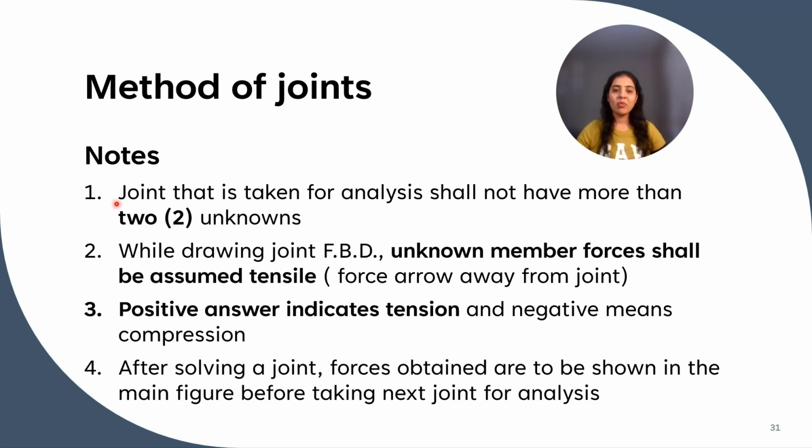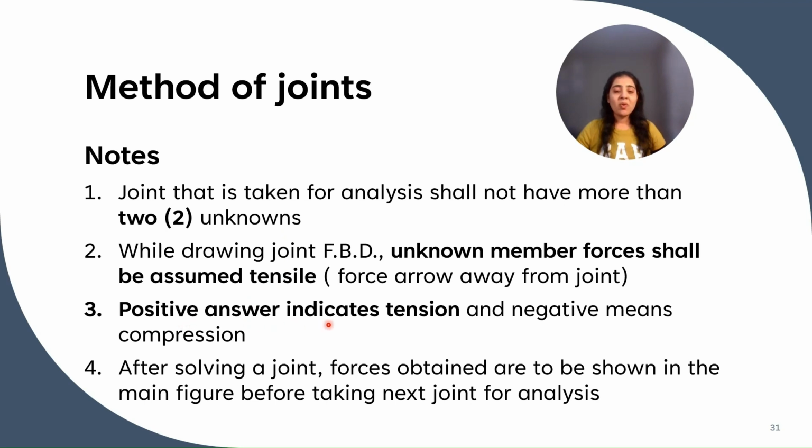Now for the first point, why shall it not have more than two unknowns? Because we have only two equations of equilibrium. As it is a concurrent force system, we have only summation of Fx and summation of Fy equal to 0. So we need only two unknowns.